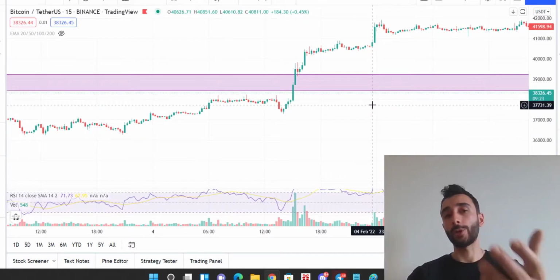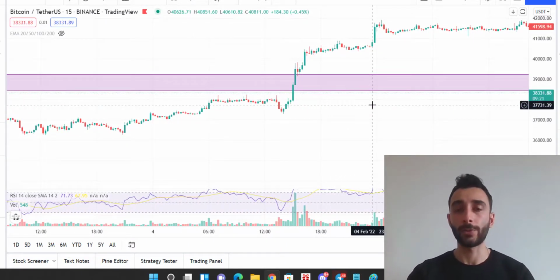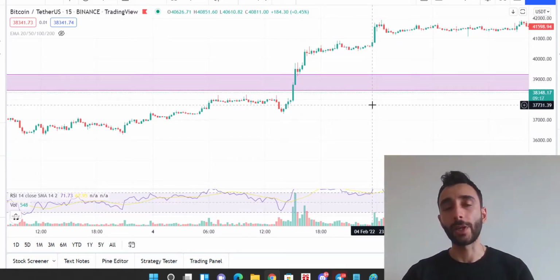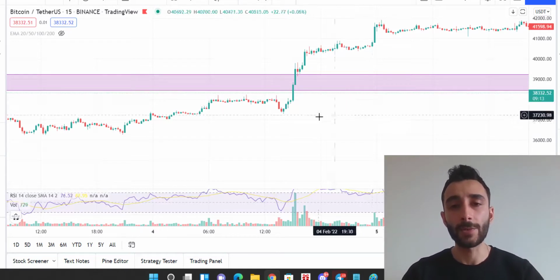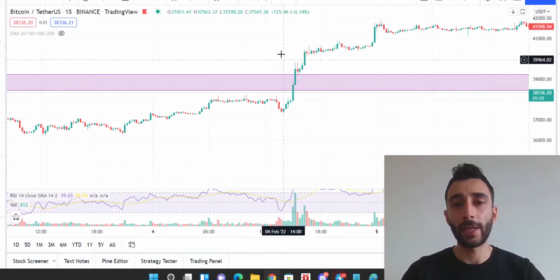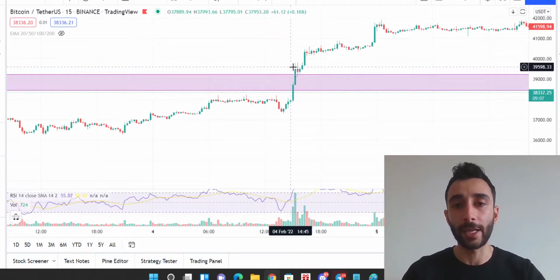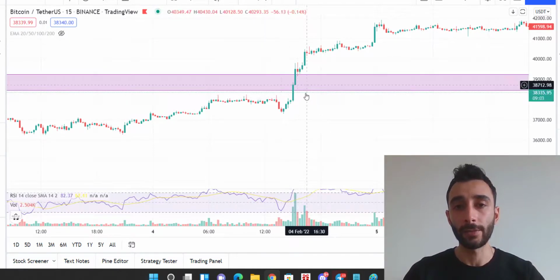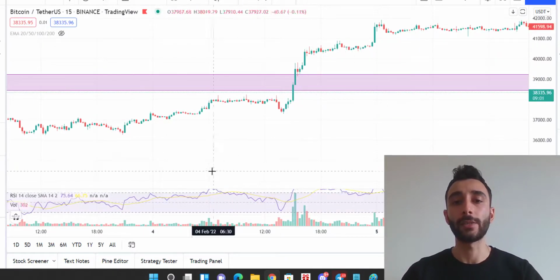If you're taking a scalp, you're going to go for lower time frames. If you're going for swing trades, you're going to go for the 4 hour time frame. The idea is the same; it's basically the same strategy depending on what time frame you're using. And here, definitely I had a retest and a 15 minute candle closing right above my resistance. So I took my trade and I successfully took my profit.